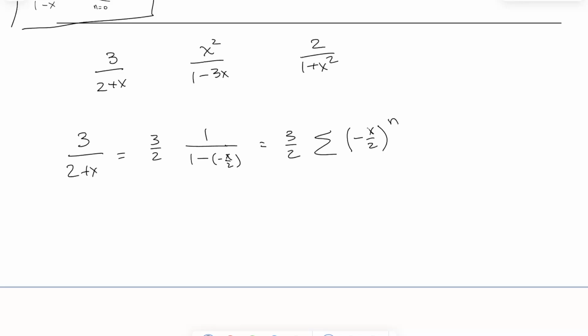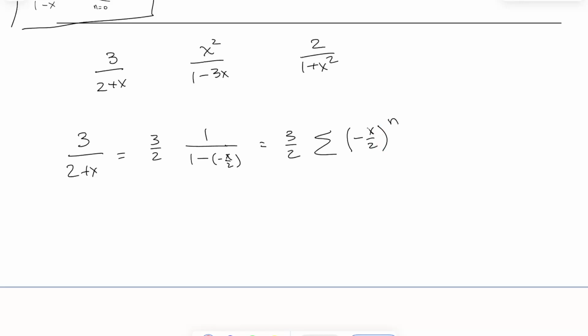All right, can we talk about these? They are just similar simple tricks for each one. So for the first one, you have to pull the 3 off the top, no big deal. The 2 on the bottom is a little weird, but I'm going to pull 2 out of the bottom. That makes this 2 a 1, and that makes this x an x over 2. And I'm also going to compensate for this plus by writing it as a minus minus, so that when I turn it into a series, it's a minus x over 2 on the inside there. All right?